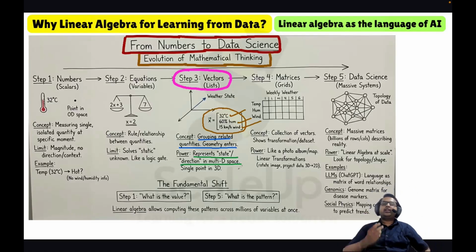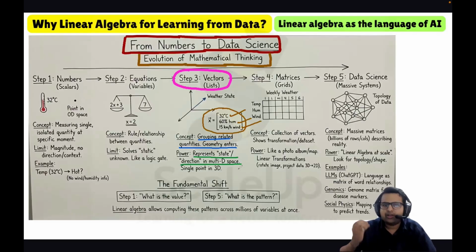Now the idea is very clear: with a vector, we can group related quantities into a single mathematical object. Here we have the weather information of a particular geographical coordinate. Rather than just specifying the temperature, we are making use of a vector which holds the temperature, the humidity, and the wind. Now the weather is a single point in 3D space.